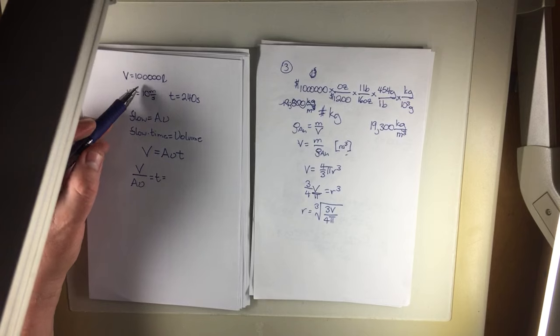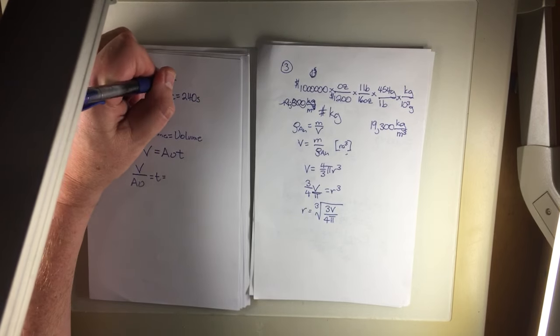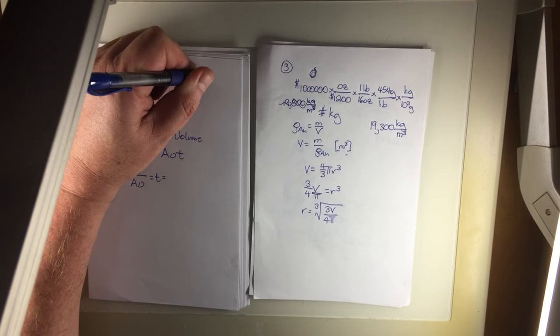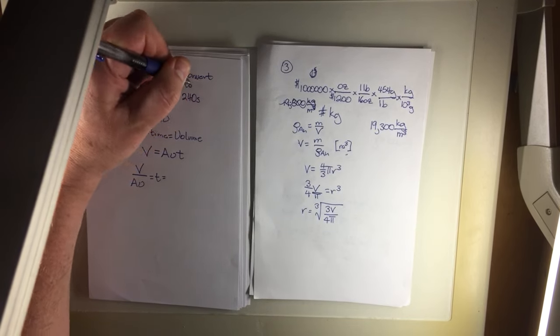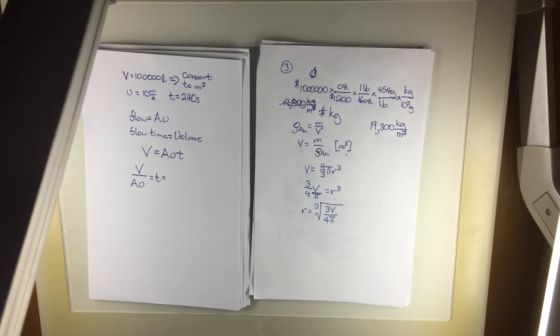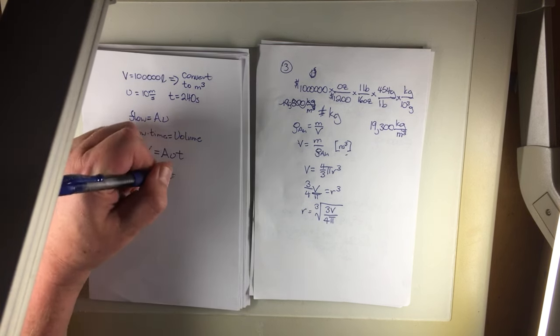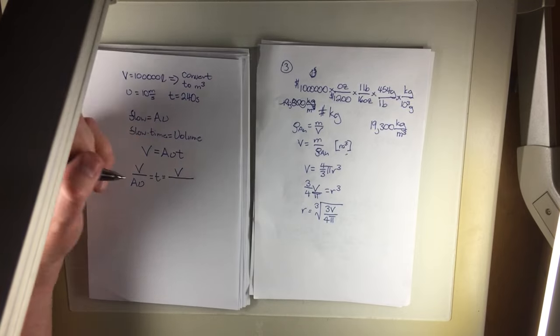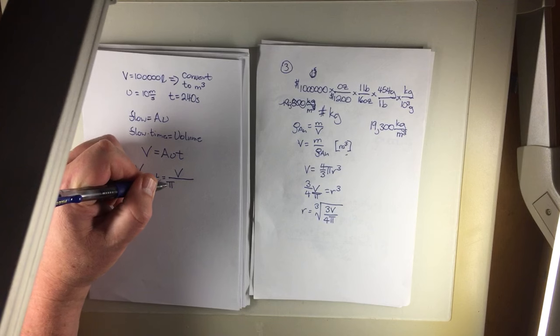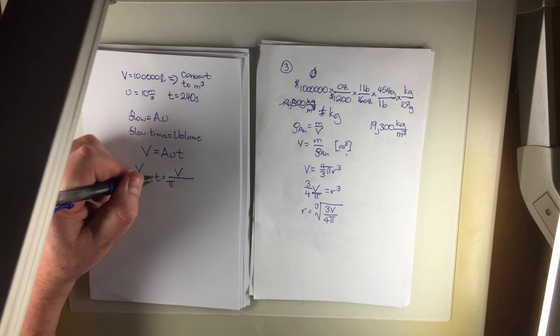Now what you need to do is take this 100,000 liters and convert to cubic meters, because we're going to be playing with meters as our length. So the volume in cubic meters is divided by, oh wait, no, we're not doing time.